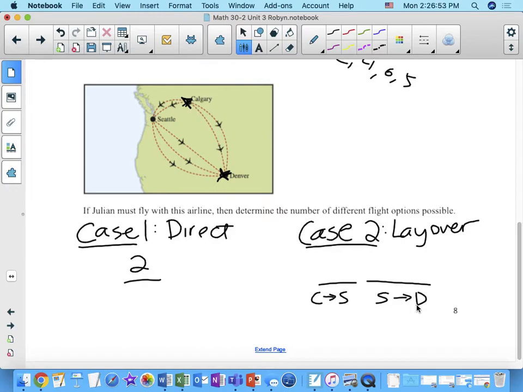Okay, so from Calgary to Seattle, how many options are there? 2. And then Seattle to Denver? 3. So 2 times 3, and then we just add these together. This one's pretty easy. We got 2 plus 2 times 3 is 6.